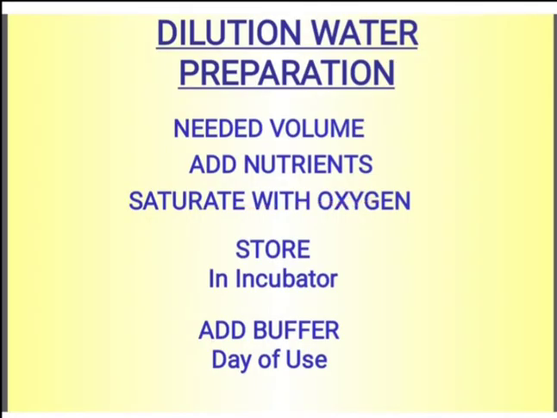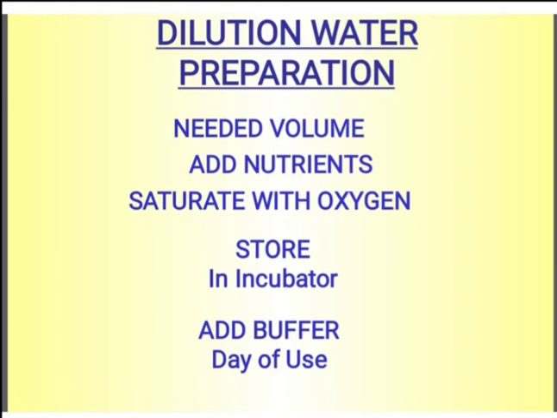After addition of buffer we have to saturate this solution with oxygen. In the stopper bottle we have to saturate the oxygen externally. After that, store this bottle in an incubator and each day add 1 ml of the buffer into it, up to as many days as we are going to keep that bottle in the incubator.